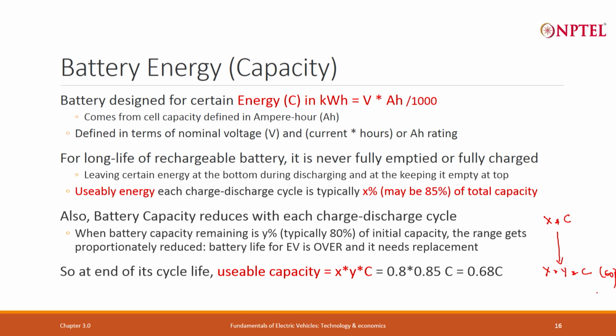So, what do you do? Well, you have to keep track of it, or you can even say that you will use the average between x into C and x into y into C. So, very often you say average usable capacity is x into (1 plus y) by 2 into C. So, if y is 0.8, you are using 90%.